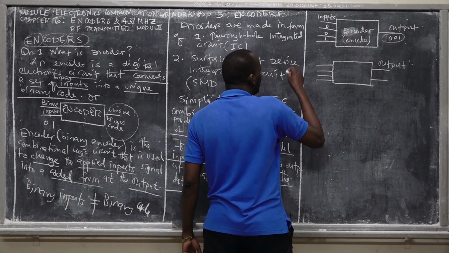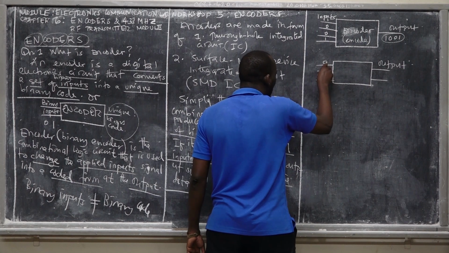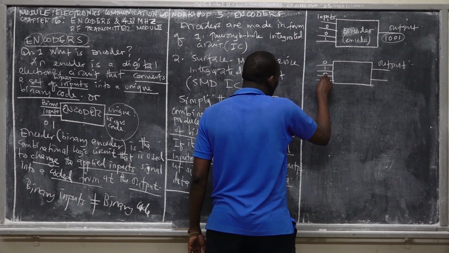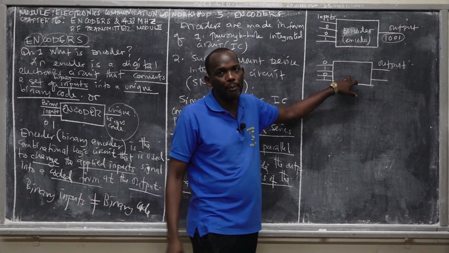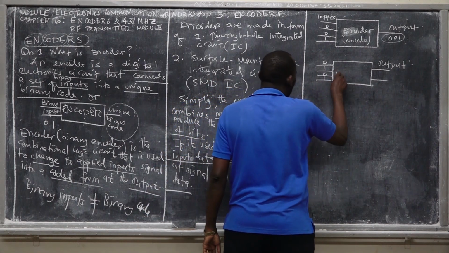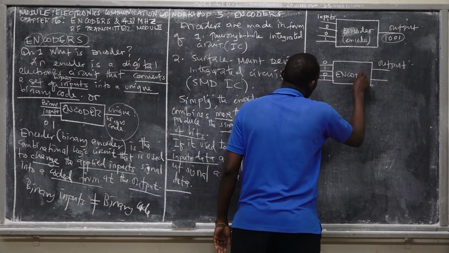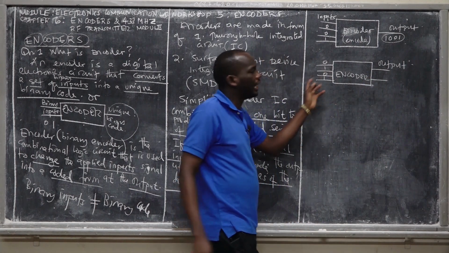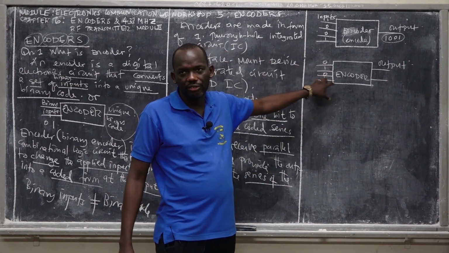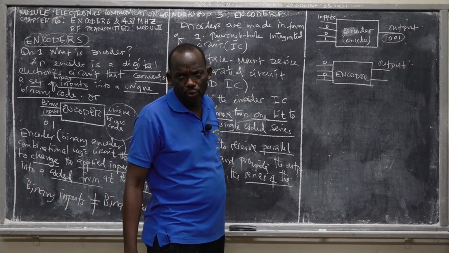So suppose that for this case we have 0, 1, and then 0, 1. These 4 bits will be applied in parallel, right?